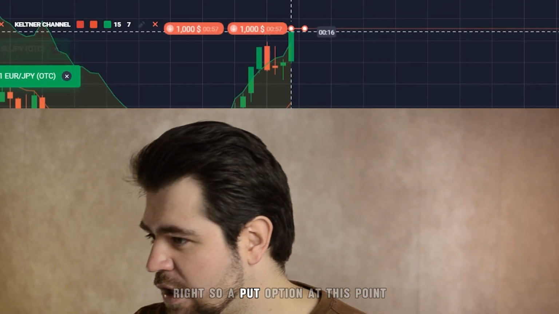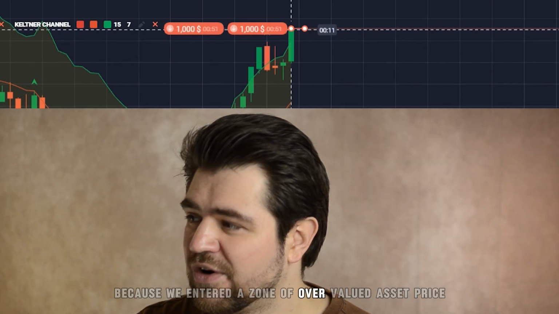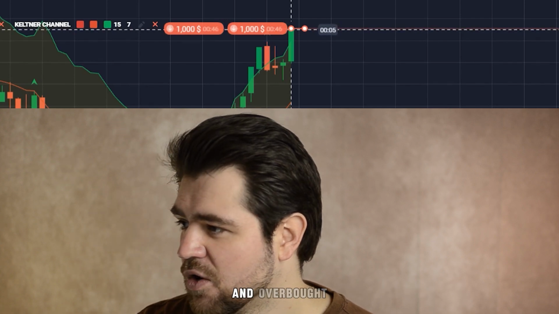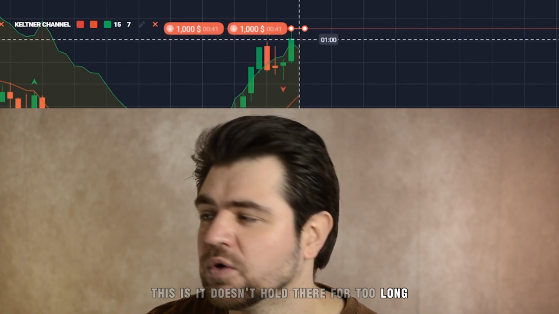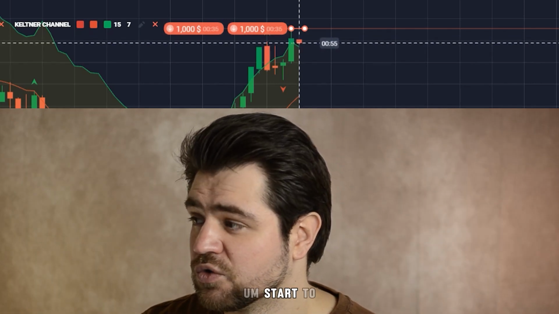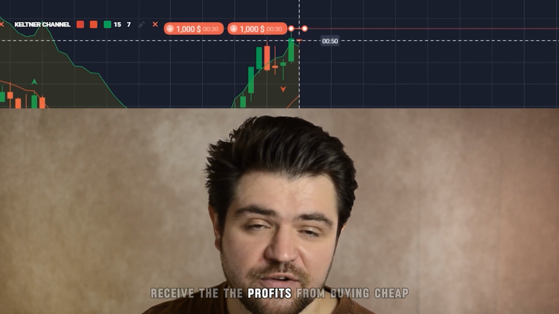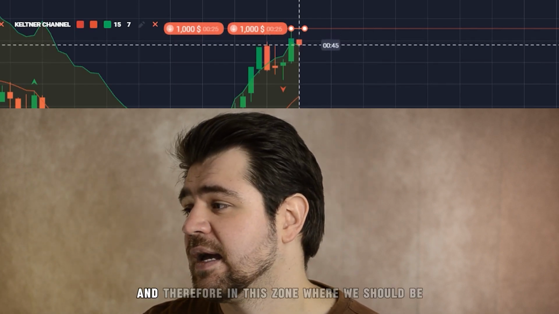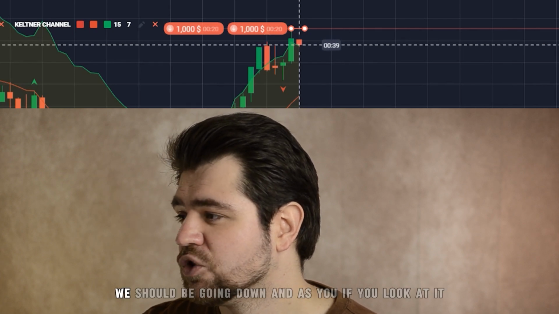Right, so a put option at this point, because we entered a zone of overvalued asset price and overbought. It doesn't hold there for too long, because traders start to receive the profits from buying cheap, selling expensive, and therefore in this zone we should be going down.